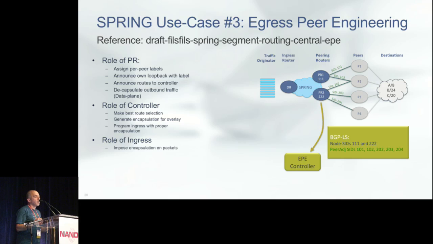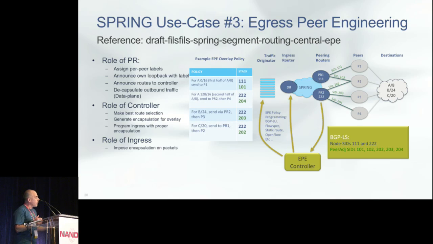The controller is going to make its best path selection, and impose that best path selection on the ingress of the traffic, either host or ingress router. The end result is that I can create a steering policy that in this example allows me to split prefix A/8 into 2 /16s and send them different ways, and also dictate where B/24 is going to go and C/20 is going to go.